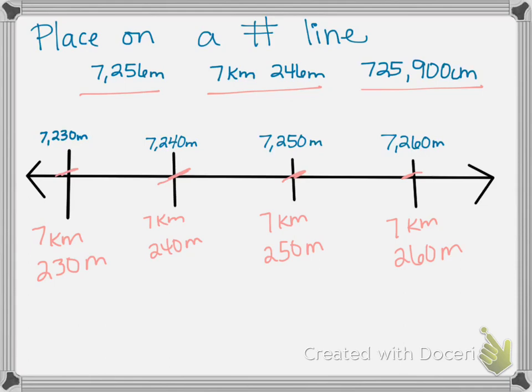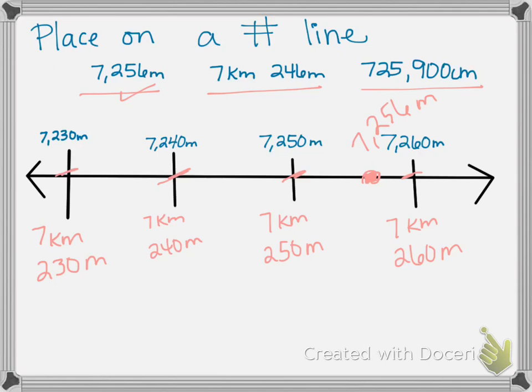So I'm going to say that it's probably going to go just past the halfway mark between these. So I'm going to go ahead and sneak that on there. I think I might have to write it diagonally. 7,256 meters. Okay, check. Done. Now I'm going to move on.